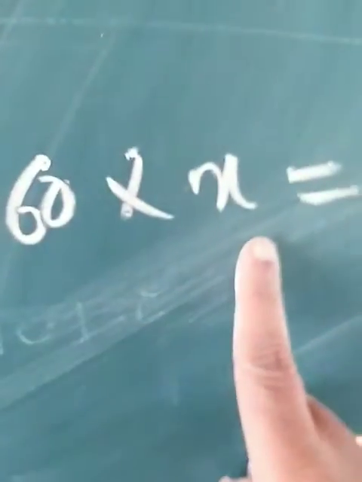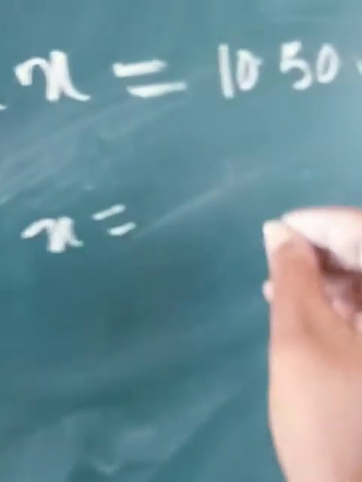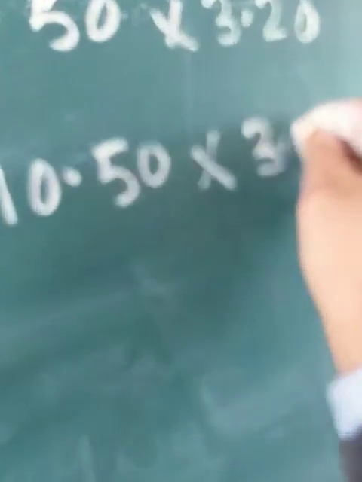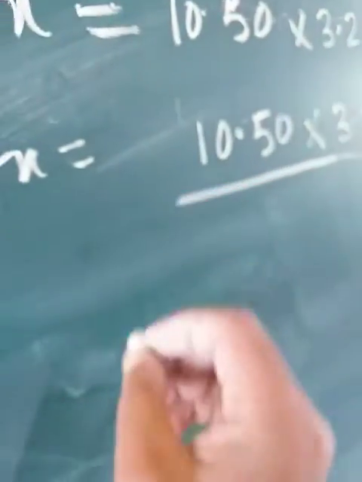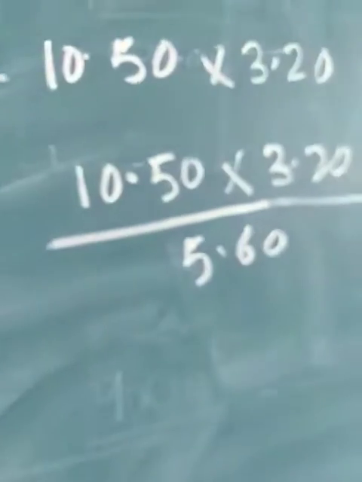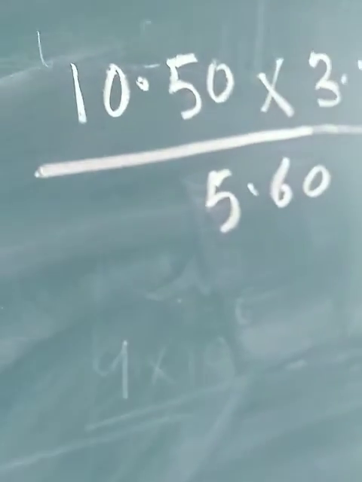Now we have to get the value of x, so we have to transpose this 5.60 towards the right hand side. So it will look like 10.50 into 3.20 by 5.60. So we have to reduce the whole form. Now what exactly would be?